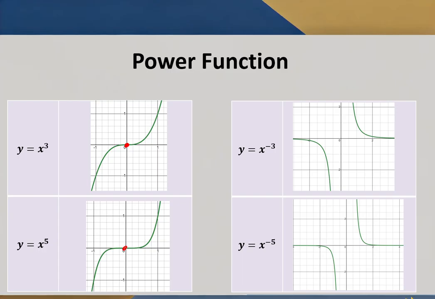Likewise, if we look at y equals x to the power of negative 3, we are able to rewrite this as y equals 1 over x to the power of 3. So straight away we can see, because we can't divide by 0, that at x equals 0 we know this is going to be an asymptote, because there's nothing added here.